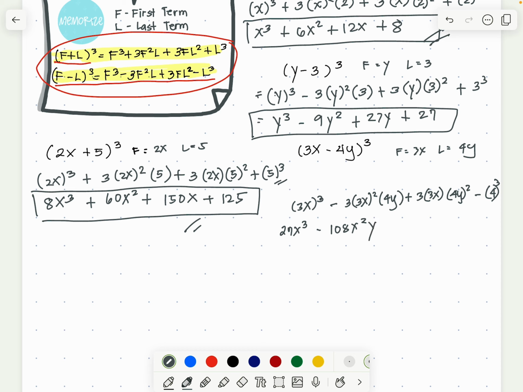And then you have 4 times 4, 16 times 3 times 3. So you get 144xy squared. And then 4 cubed would be 4 times 4, 16 times 4. You have 64. So minus 64y cubed. So this will be our final answer for this.